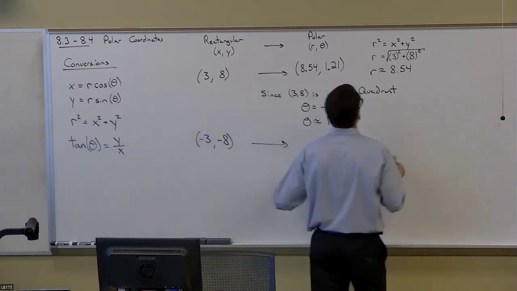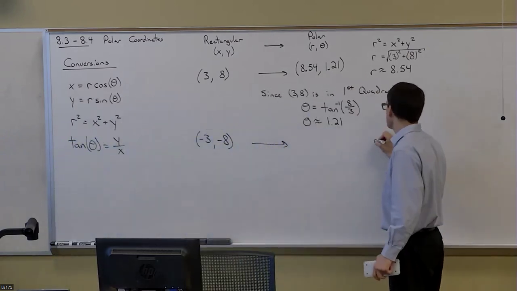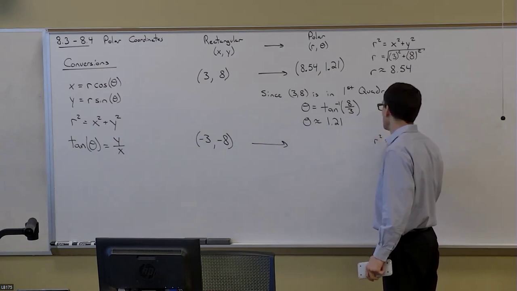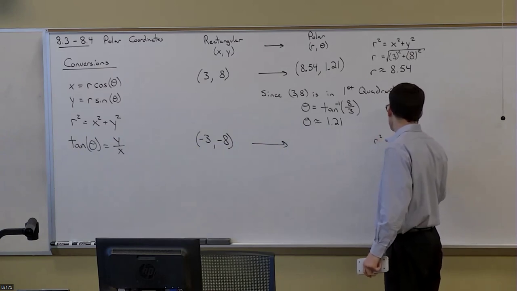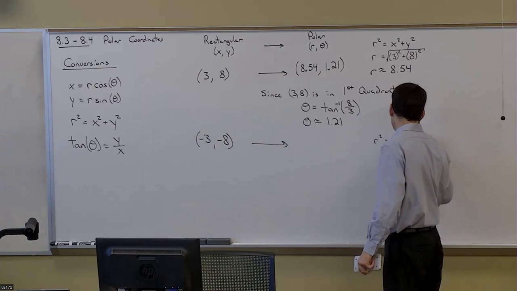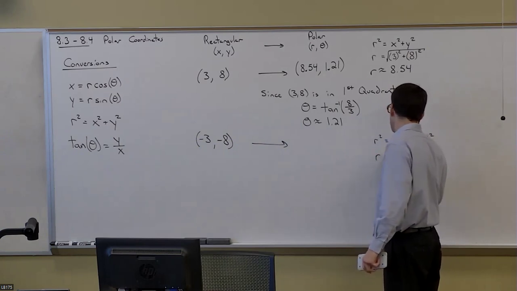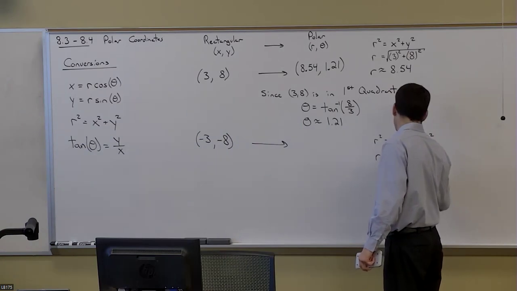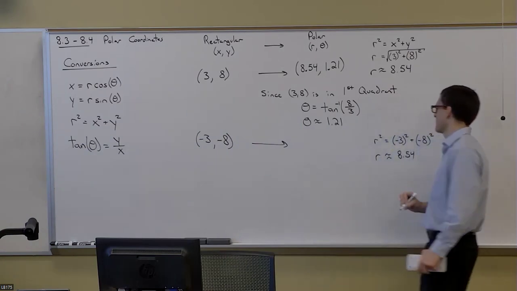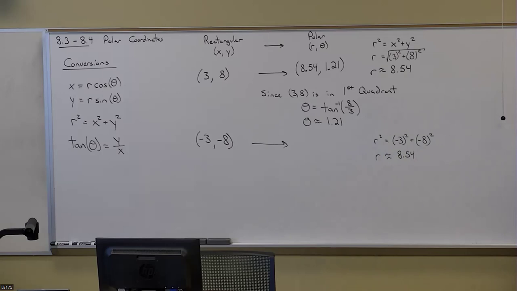Now on this one, we're going to do a very similar thing. R squared is going to be -3 squared plus -8 squared.